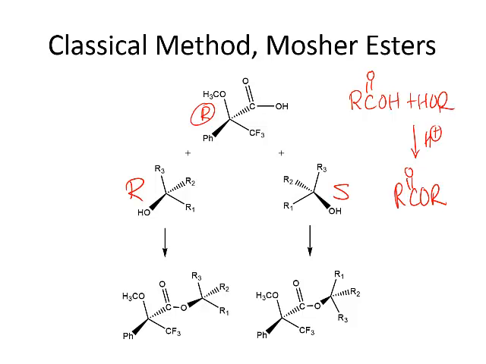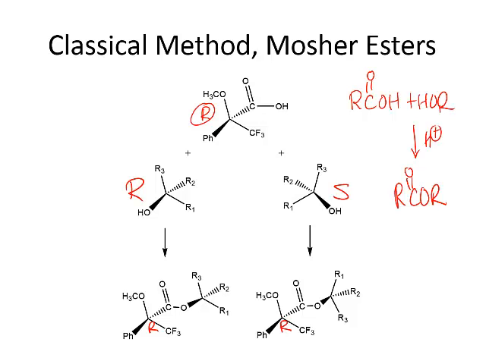Well, what Mosher did was he came up with this chiral carboxylic acid. He would react it with the racemic mixture of alcohols. And then he would make two esters. Now, assuming that the chiral center on the carboxylic acid part is R, that would be the same in both cases.